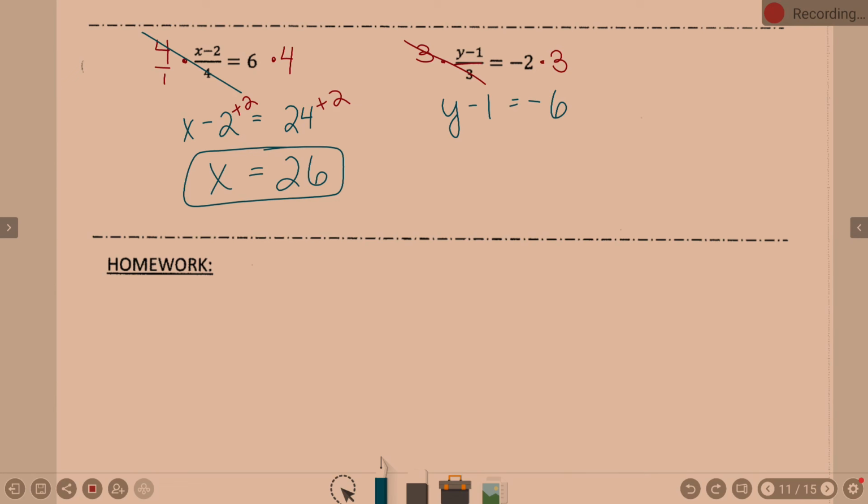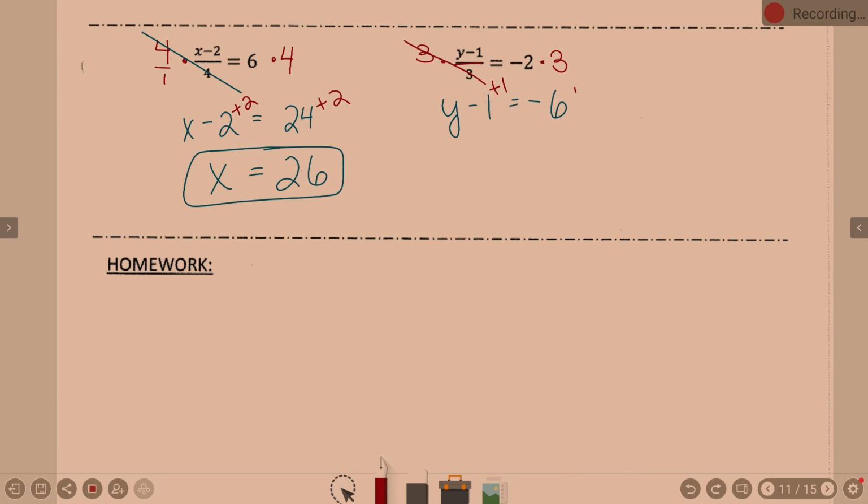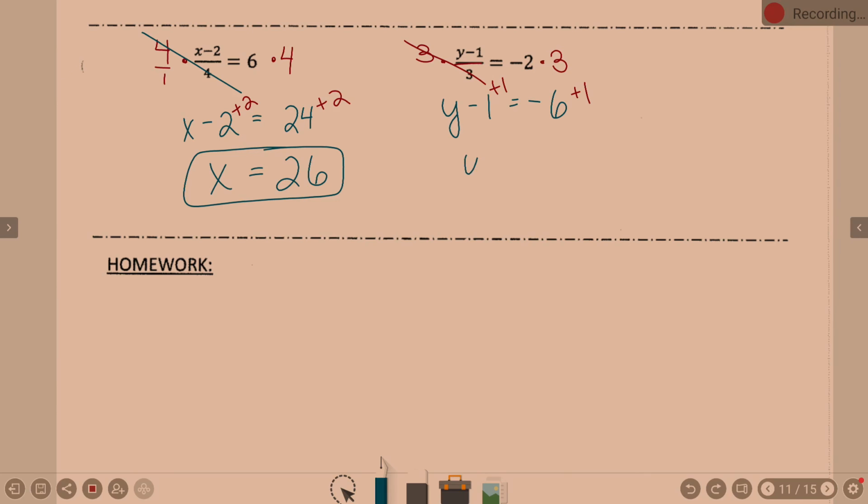If it's y minus 1, we are going to add 1, and those cancel automatically. So it's y equals... Guys, what's the answer? Negative 5. Negative 6 plus 1 is negative 5. Remember, it's because they're opposite signs, right? When it's negative 6 plus 1, you actually have to subtract them, and 6 is larger, so the answer is negative.